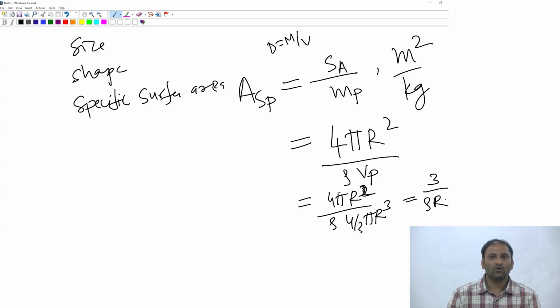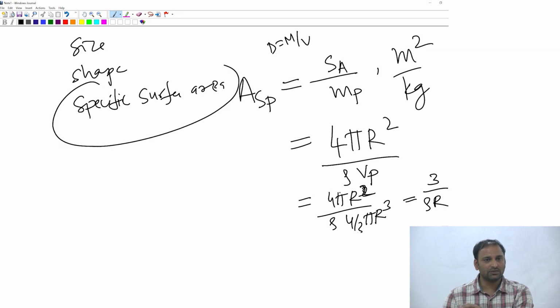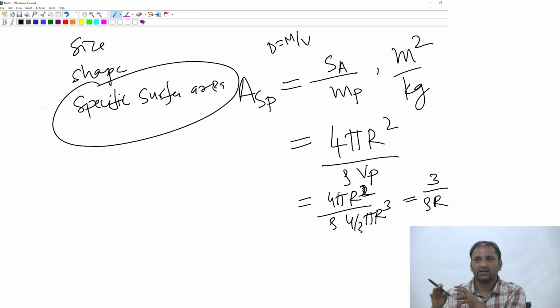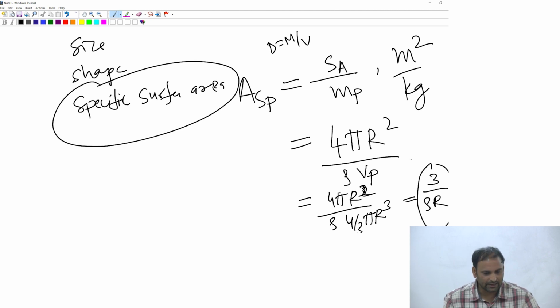Especially for particulate samples that are smaller in dimensions, like nanoparticles and colloidal particles, one of the parameters with which the particles would be characterized is specific surface area, which is the surface area of the particle divided by the mass of the particle. And of course, as you would see, it depends on the size and the shape of the particle.